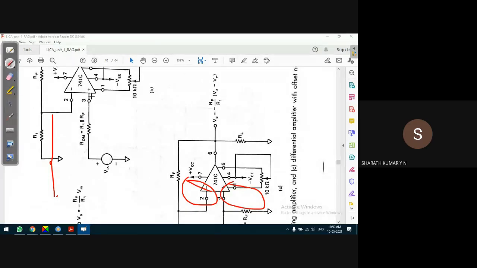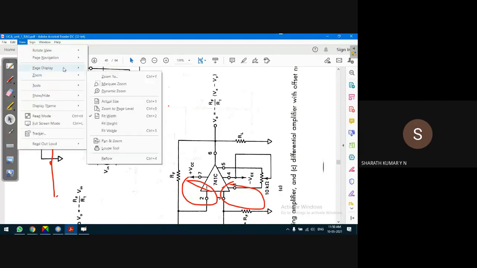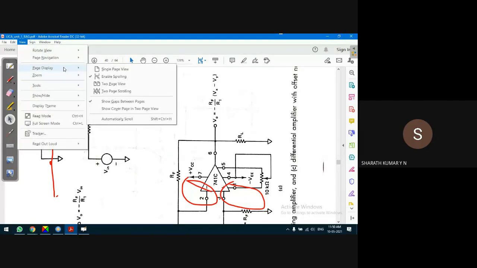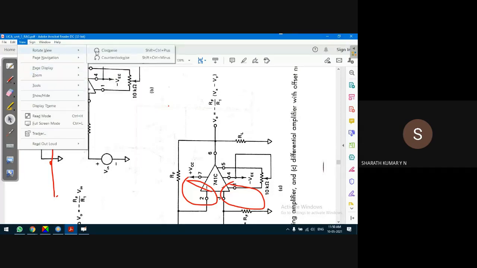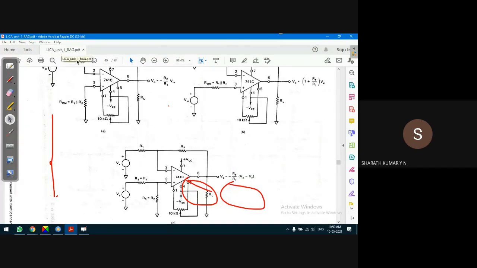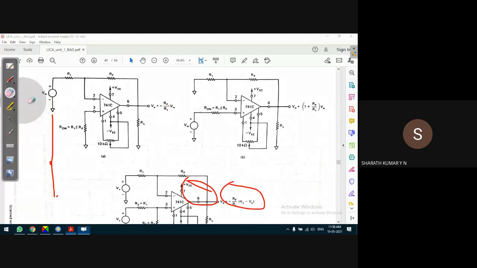Let me rotate this page clockwise in the view display. Here we go.